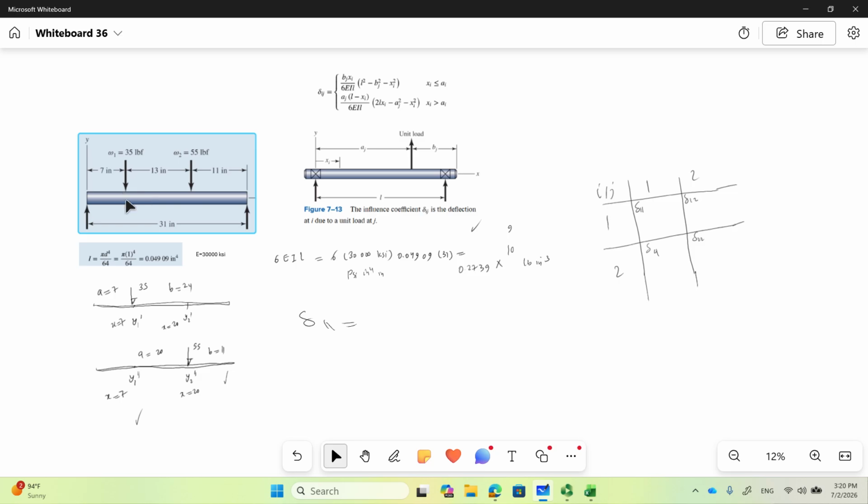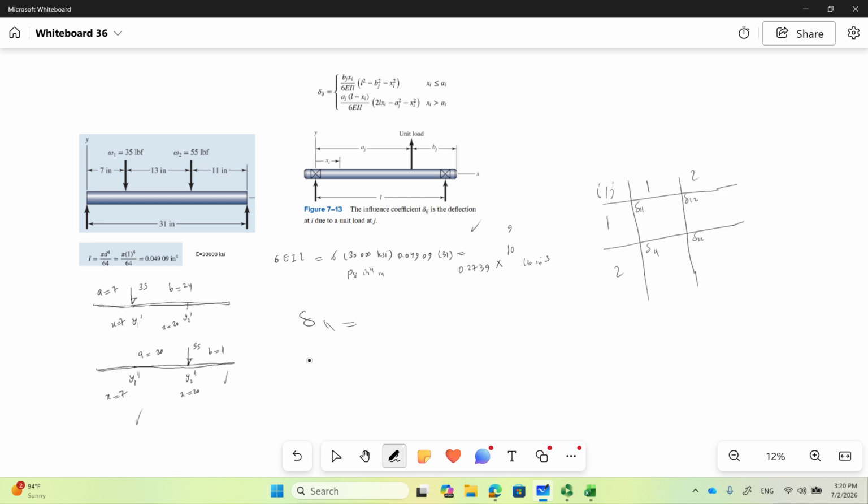So this first gear is here, right? So delta 1 1 is the influence coefficient, and it's actually the deflection of this point when a unit load is applied to that point. Does it make sense?